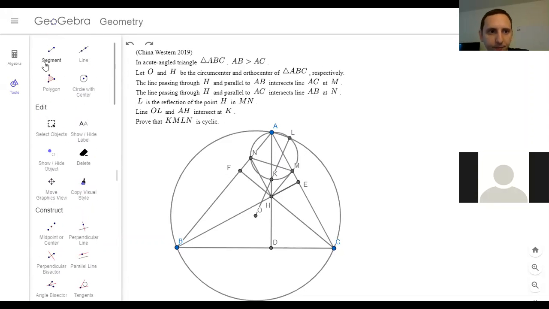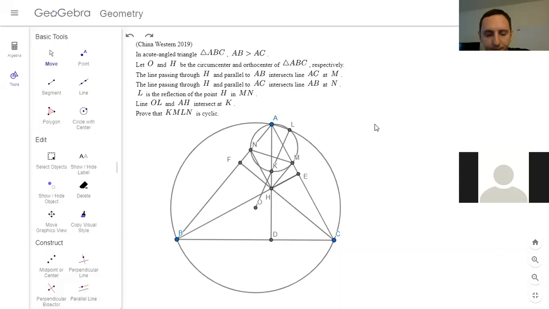So how do we prove ALMN is an isosceles trapezoid? L has to lie on this circle because angle NHM is angle NLM is angle NAM.